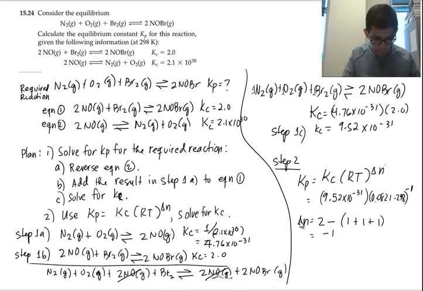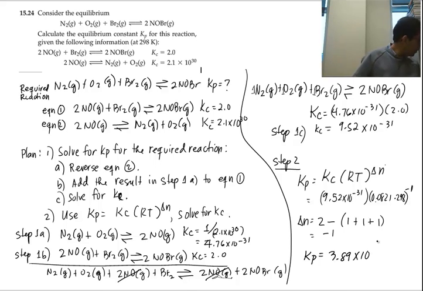Alright, so the answer then, Kp is equal to 3.89 times 10 to the negative 32.